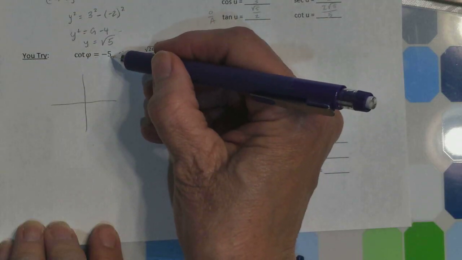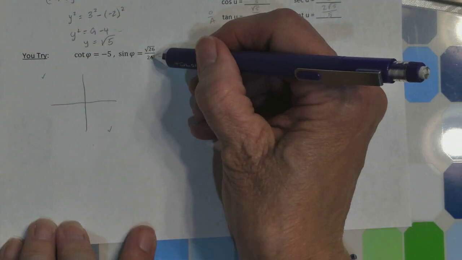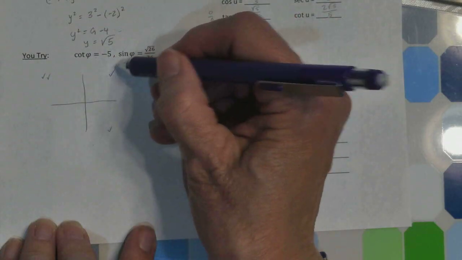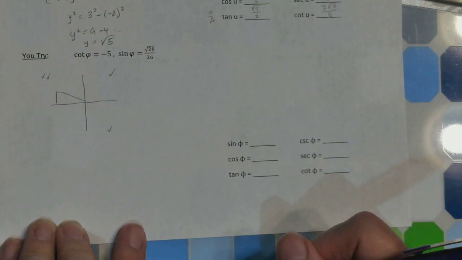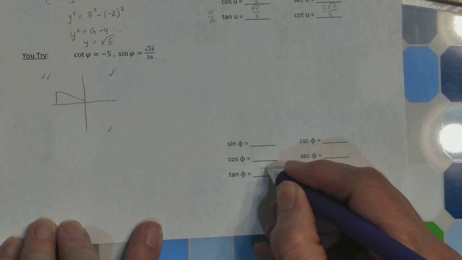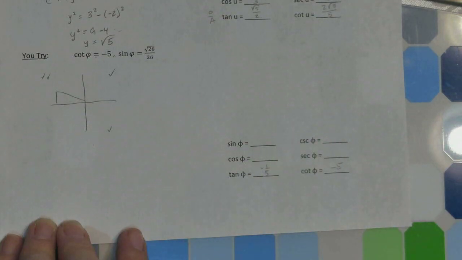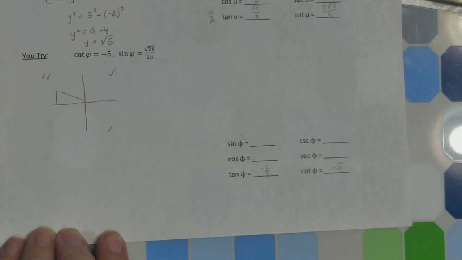All right. So again, on a coordinate plane, cotangent and tangent are both negative in the second and the fourth quadrant. Sine is positive in the first and second quadrant. That means that my triangle must be over here. So cotangent is -5. Its reciprocal, -1/5, would be tangent.